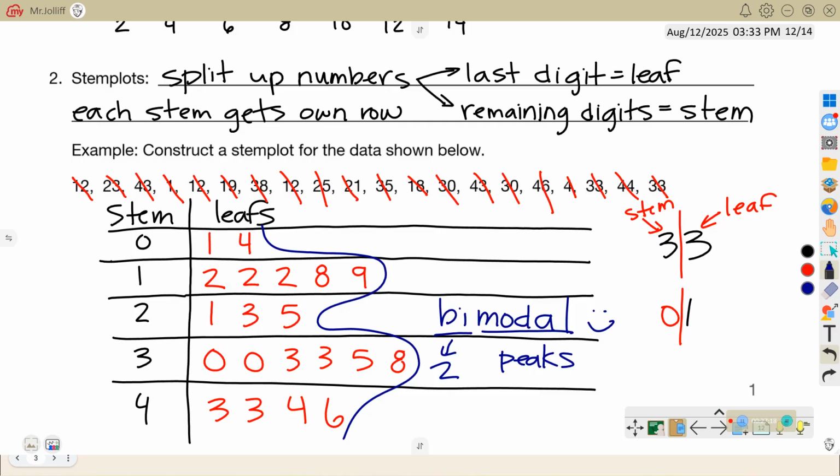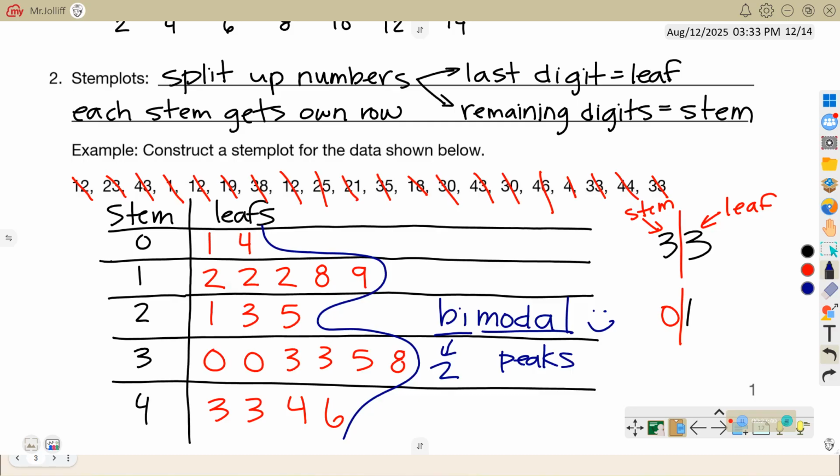So I'm glad you brought that up. Typically, stemplots are used when you don't end up with more than about 10 rows, and you don't end up with more than about 10 digits per row.